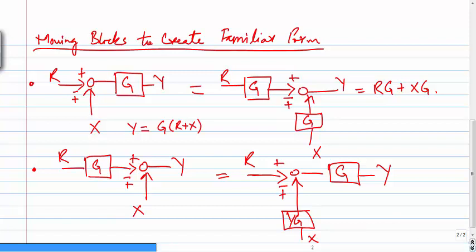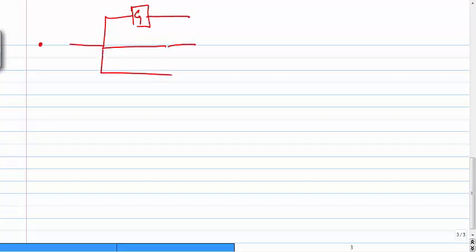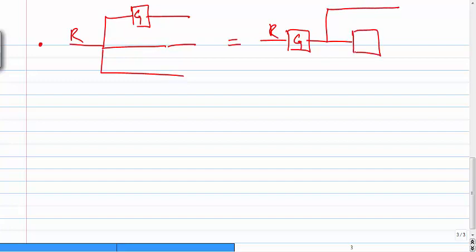And there's another one, the third one, where we have an input block, and we have another input, and so on. Now if I want to take this block back, we can say that this is with G. Now it's okay for the first one, but for the second one, to make the relation consistent, I need to divide by G here.